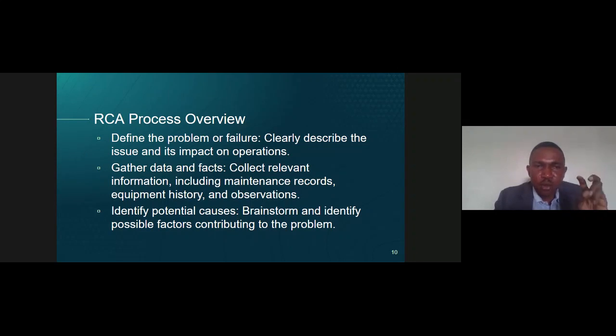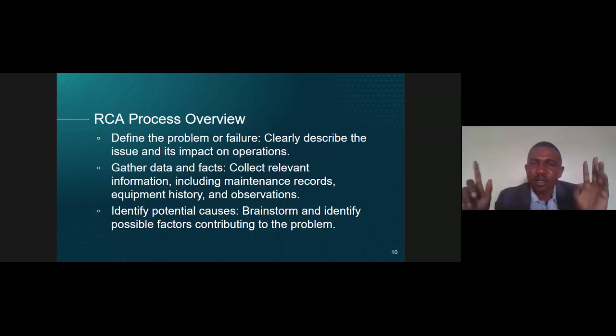Next, we want to see some of the steps that we can use in this RCA process. There are 8 steps that I want to define here that can help us identify the problems we have mentioned. I mentioned earlier that the first step is to define the problem or the failure. Defining it involves describing the issue and the impact that it has on your operation.